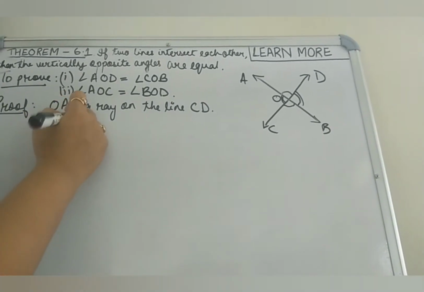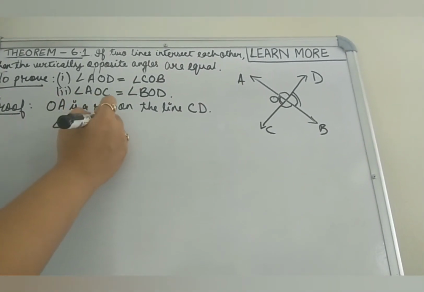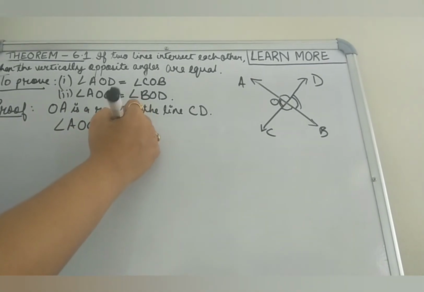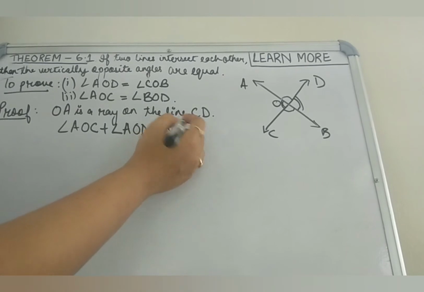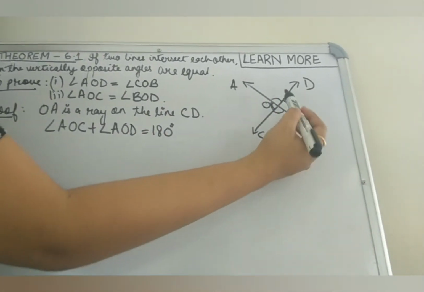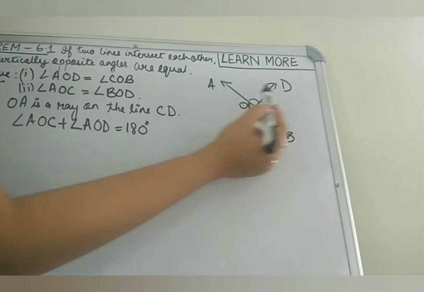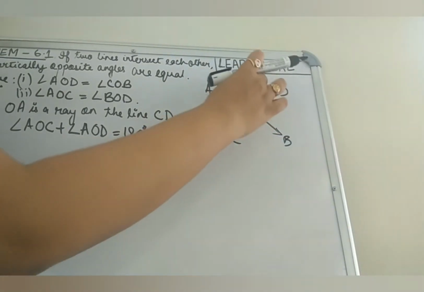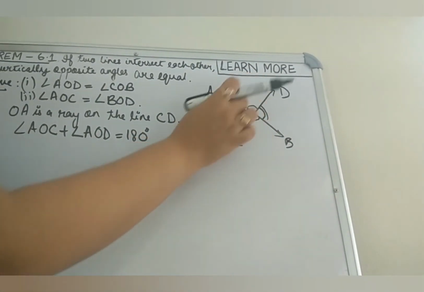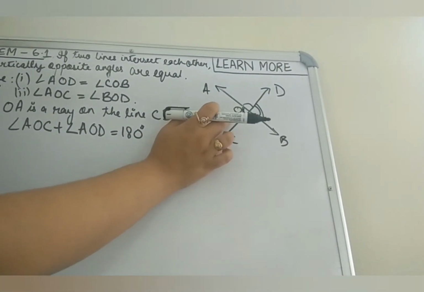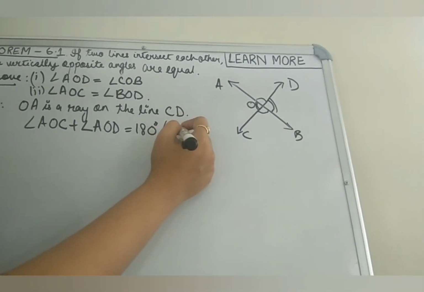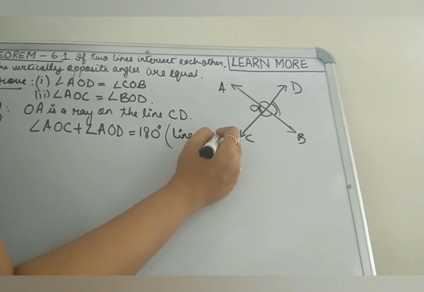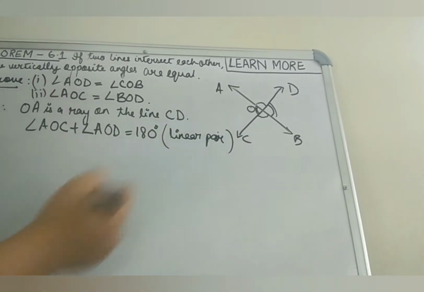That angle AOC plus angle AOD will be equal to 180 degrees. How? Since OA is a ray and CD is the line, these two angles are adjacent angles, and we know that the sum of the adjacent angles is 180 degrees, so they make a linear pair.